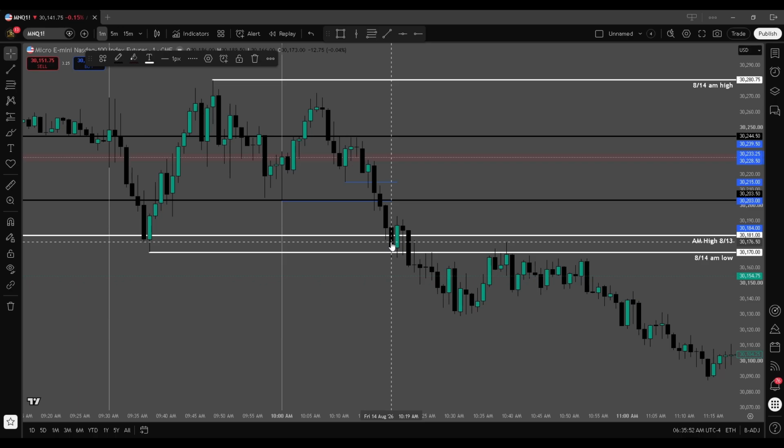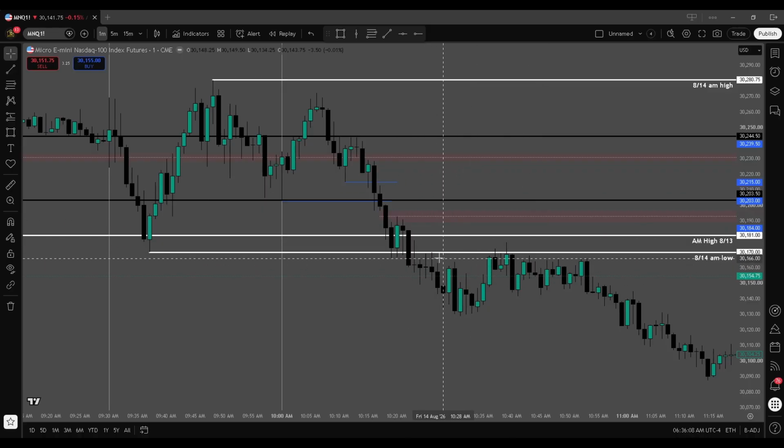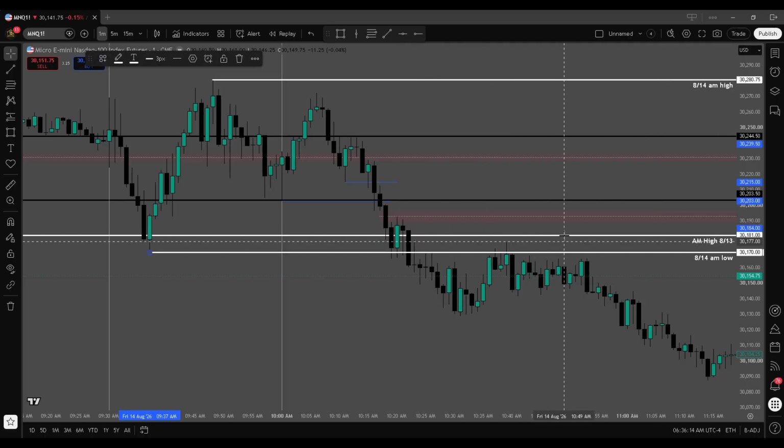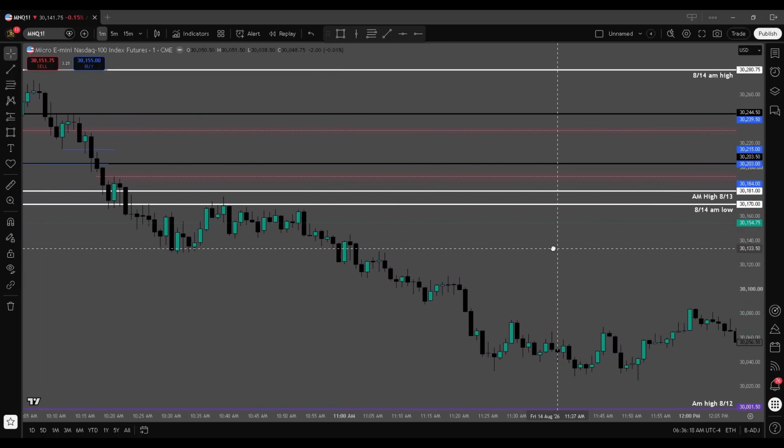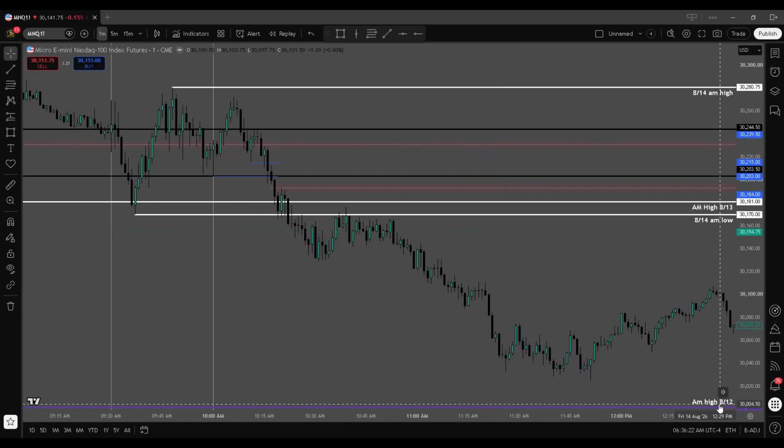It could be a sell side imbalance, it could be an inversion, but if we're going to label that imbalance, it would be this one right here. If the entry was here, we wouldn't really want to target the AM low. It's not that many points for us. If we go even further, we could have tried aiming for the AM high on the 12th, which was on Wednesday, but even then it didn't hit our target.